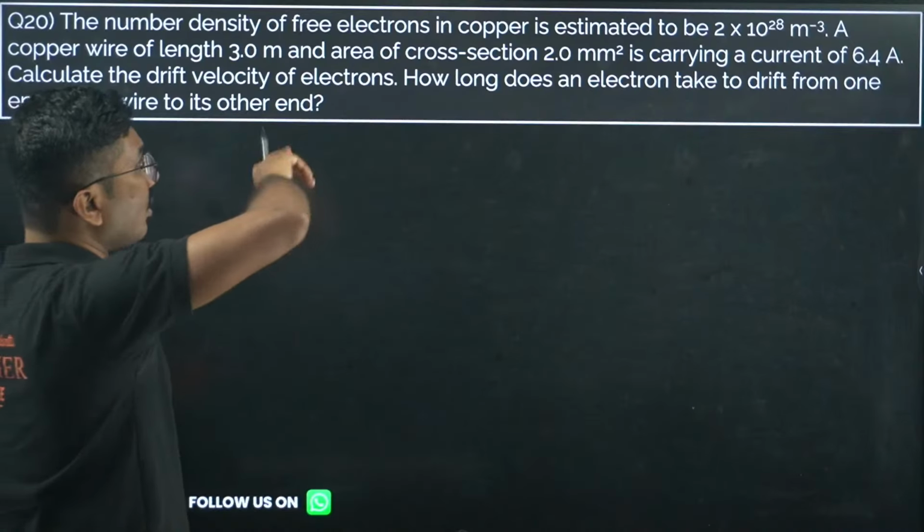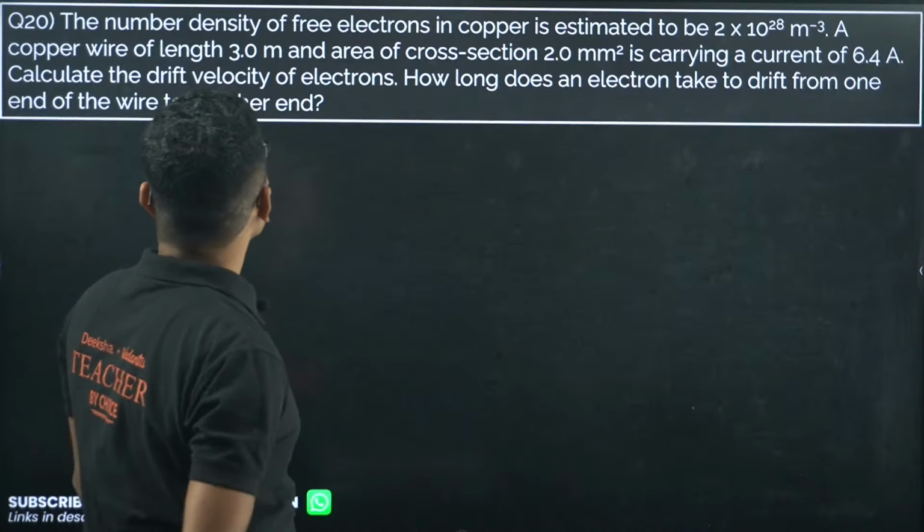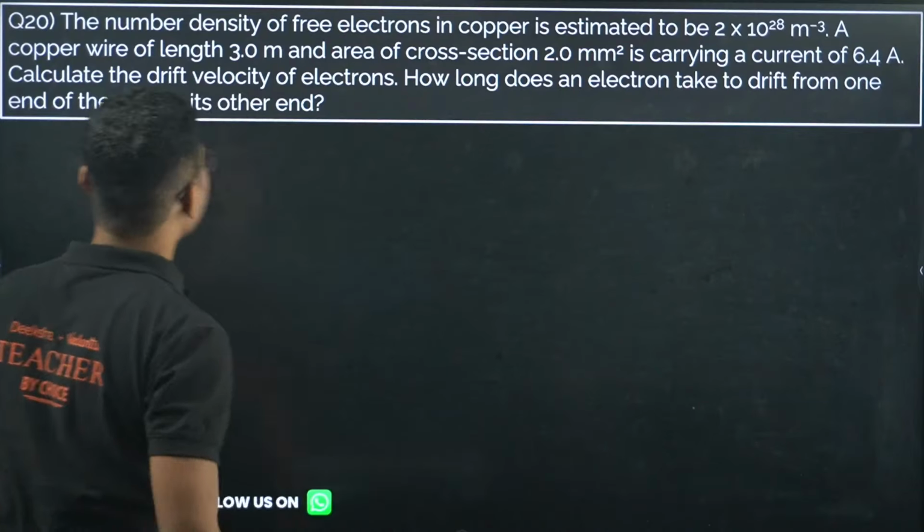Okay, so number density is given, length is given, area of cross section is given, current is given. Drift velocity is equal to I divided by NEA. So you have to remember that current is NEA into drift velocity. This is the formula.